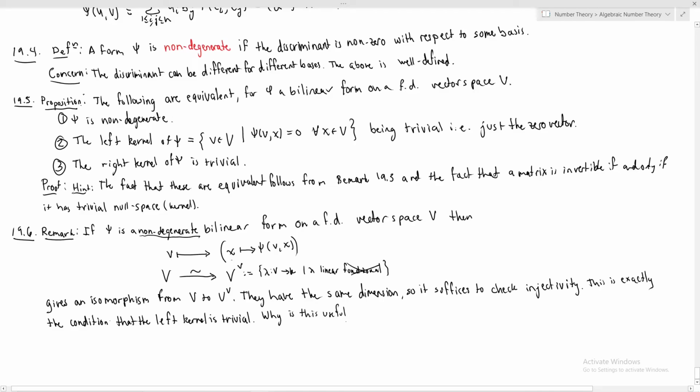Well, essentially, this tells me that if I have a basis, and I'm going to call this isomorphism big psi, say I have a basis e_i, then by a standard fact from linear algebra, I can construct a dual basis.